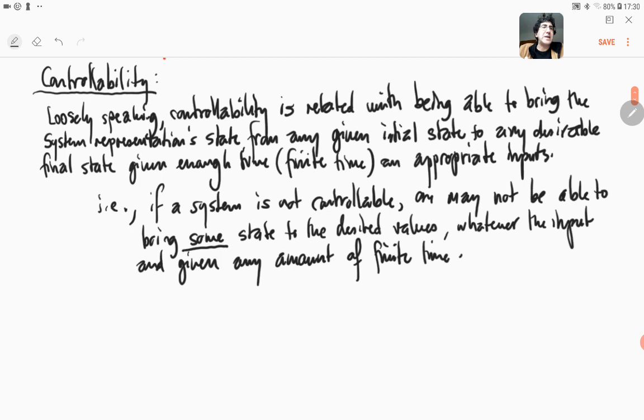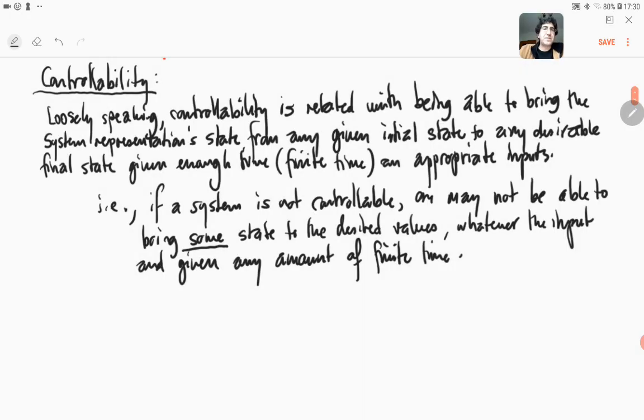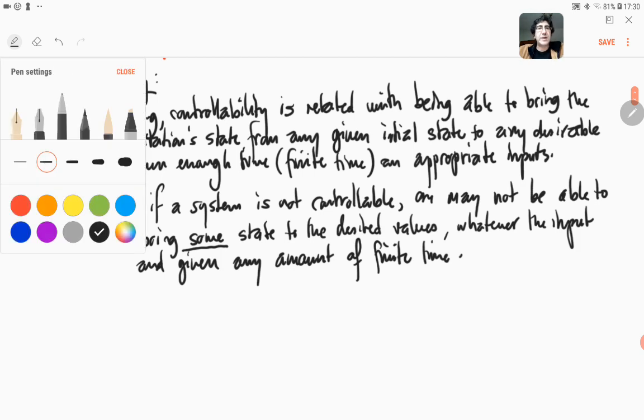So that's what we mean that the system is controllable. It's related with both the effect of the inputs on the states as well as the effect of the states among themselves. And not surprisingly, this means that controllability will be related with A and B matrices. That means A, which defines how the states are related with each other, and B, which defines how the input is actually affecting the state space.